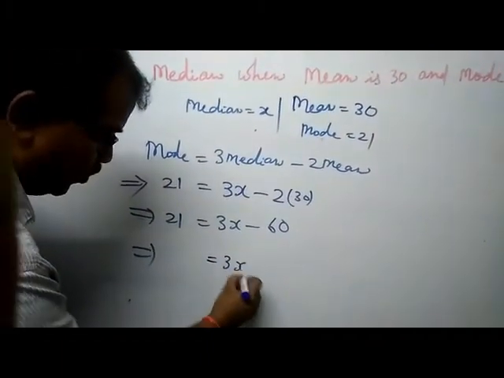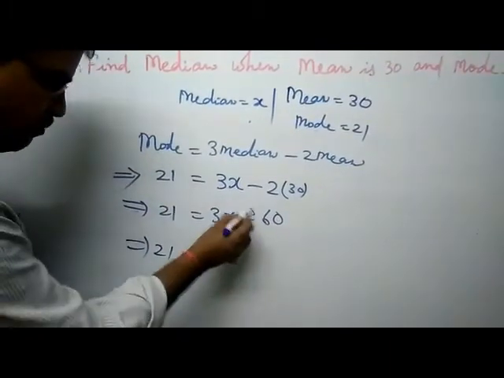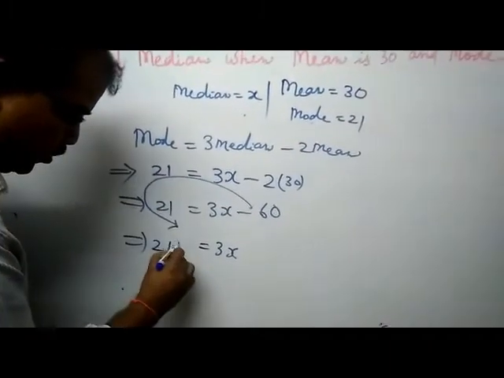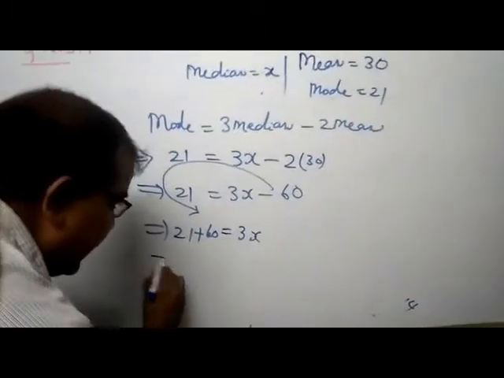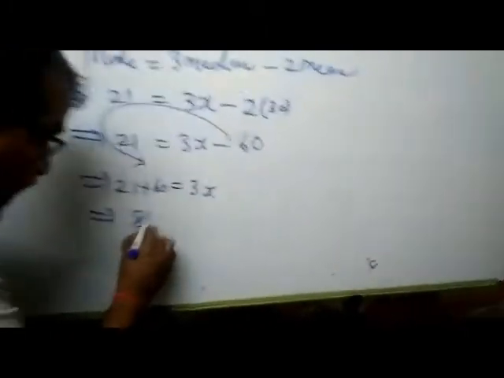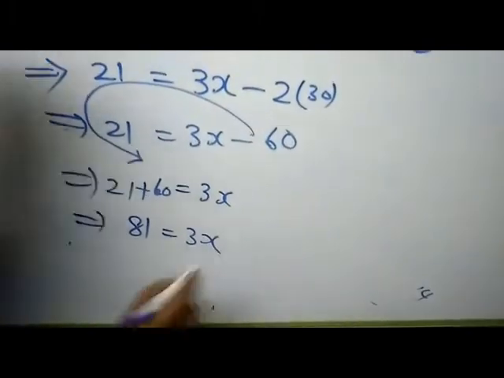Here 3x is equal to 21, and this minus 60 will be transposed to plus 60. That is nothing but 81 is equal to 3x.